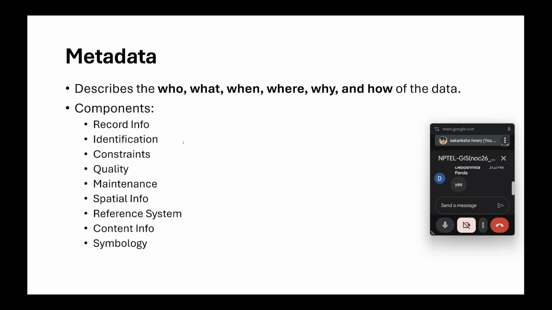This kind of information about the data is called metadata. In the last class we also looked at how we can check the metadata of the data that we are downloading from the USGS website, right?